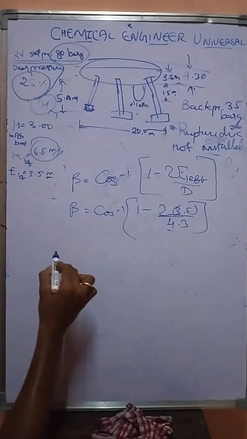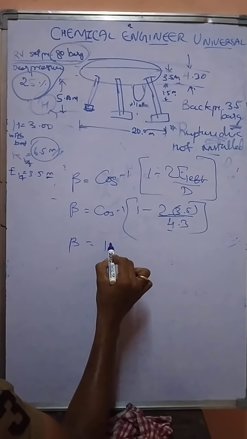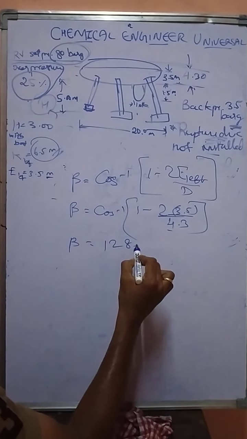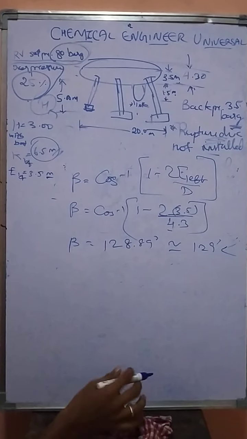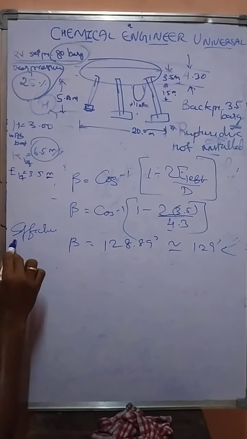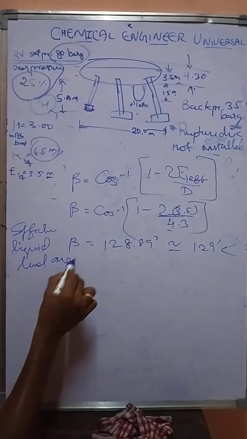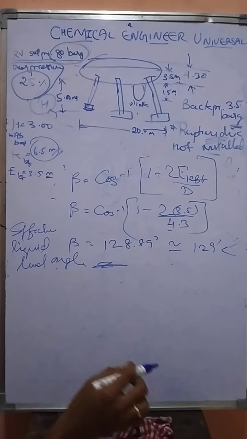By applying this, we got the angle of approximately 128.89 degree. So approximately you can take 129 degree, right? This is the effective liquid level angle, the beta angle.